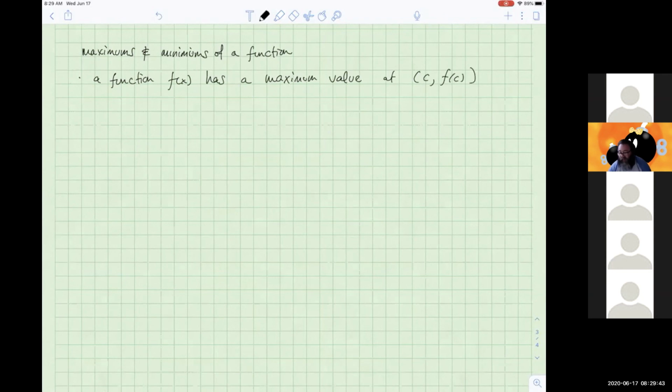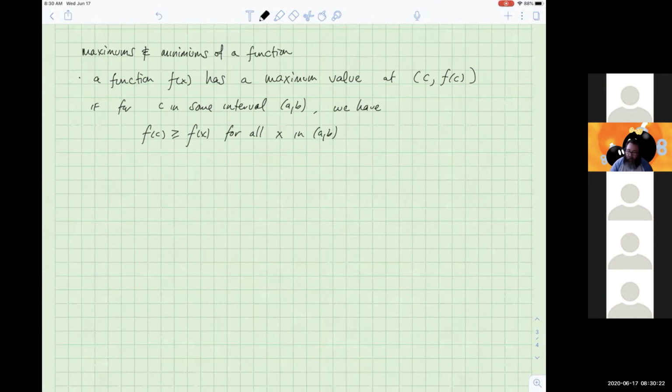So that means that the x value is some c value and the output y is whatever the function gives you when you plug in c. We'll have a maximum value at c, f of c if, for c in some interval a to b, we have f of c is greater than or equal to f of x for all x in the interval a to b.